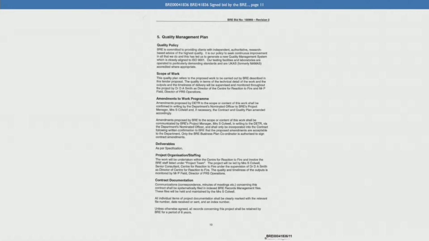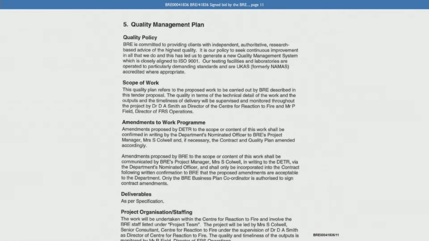And if we go, please, to page 11, under the scope of work, you can see a second paragraph there, which says, in the second line, the quality in terms of the technical detail of the work and the outputs and the timeliness of delivery will be supervised and monitored throughout the project by Dr. D.A. Smith as Director of the Centre for Reaction to Fire and Mr. P. Field, Director of FRS Operations. Yes.